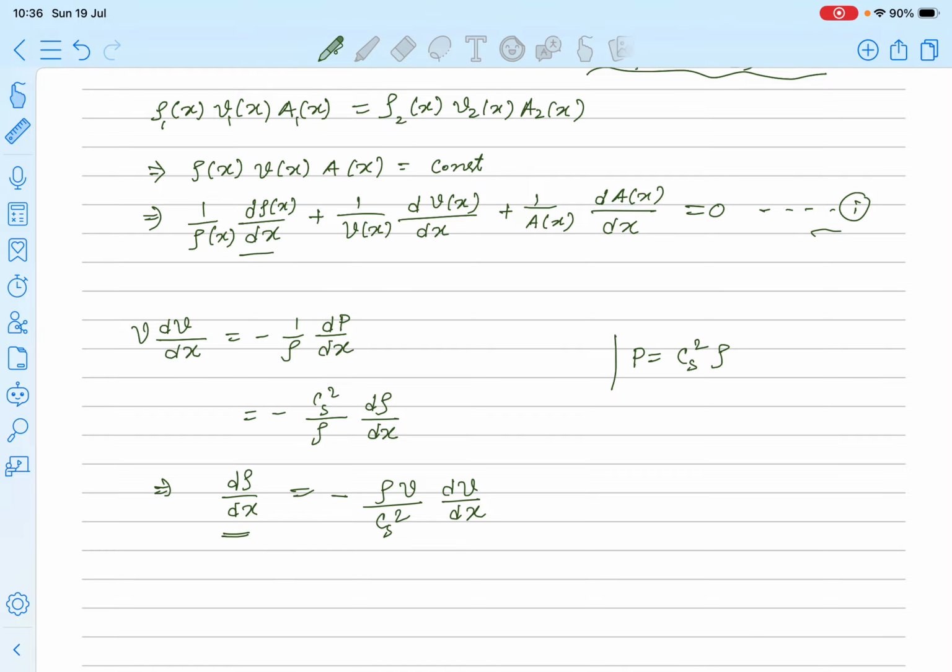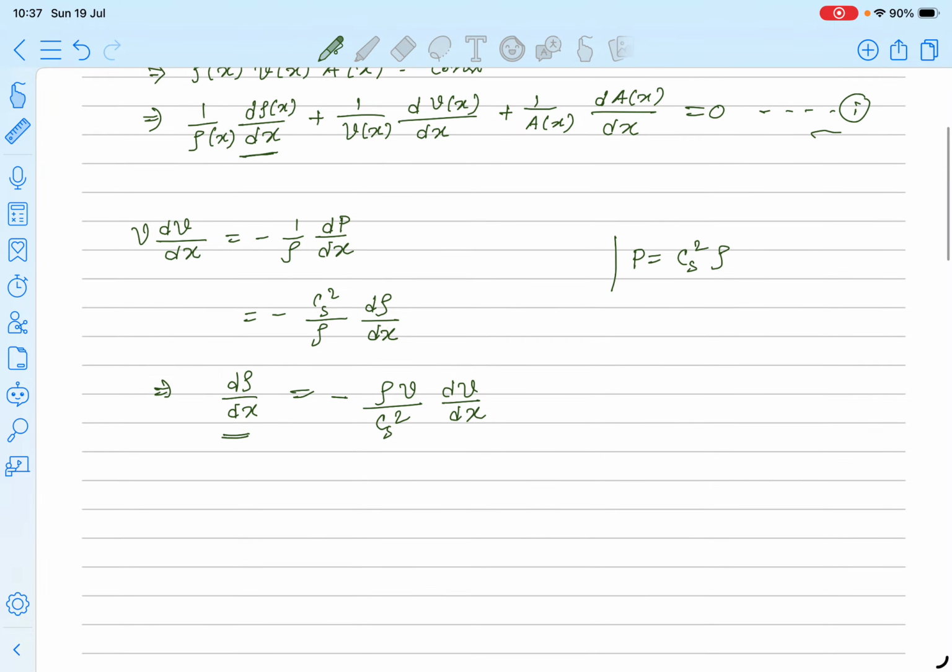Substituting, we get minus V squared by Cs squared times 1 by V dV/dx, plus 1 by V dV/dx plus 1 by A dA/dx equal to 0.